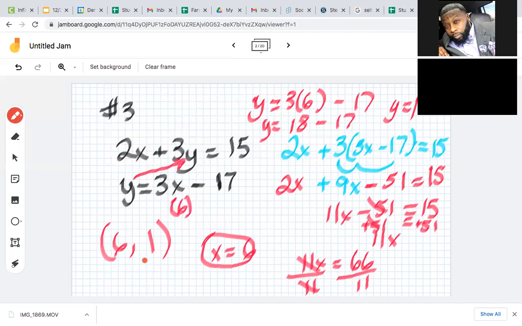So that would be 3 times 6 is 18 minus 17 is 1. Y equals 1. So you got 6, 1. The answer for number 3. This is actually pretty easy because now I understand.